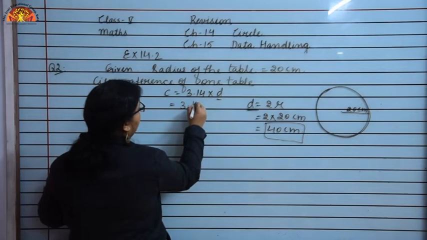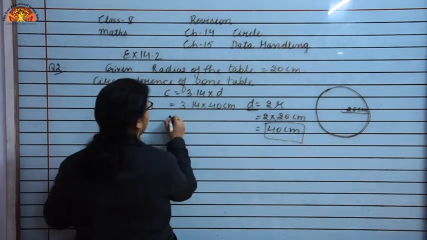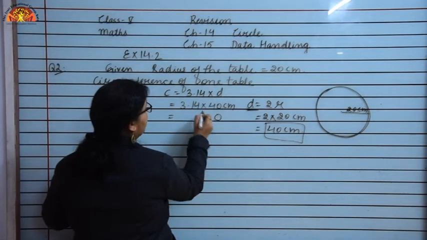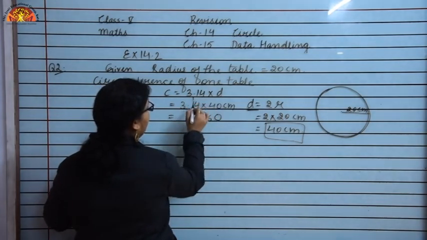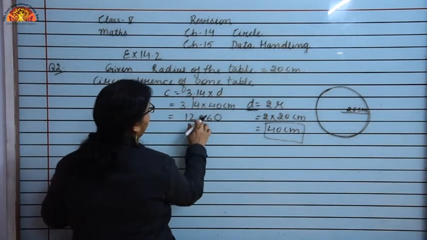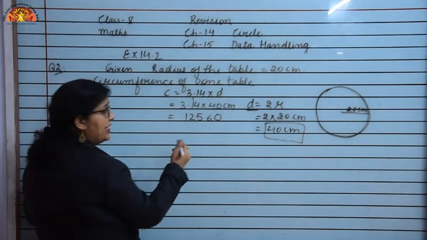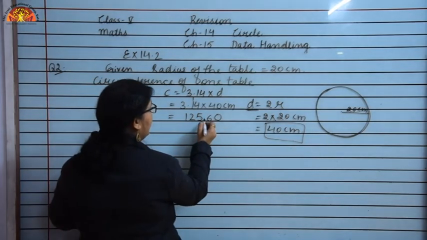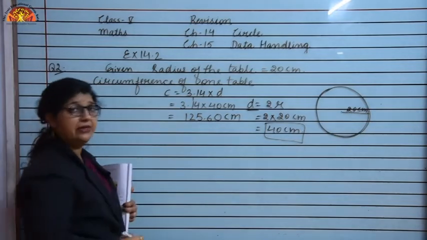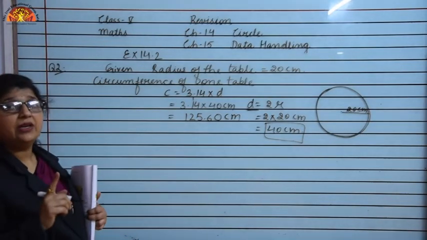Now put the value in this. Now first we multiply: 0, 4 4s are 16, 1, 4 1s are 4 plus 1 is 5, and 4 3s are 12. From the right side we count 2 digits and mark the decimal here and write centimeter. So this is the length of ribbon for one table.